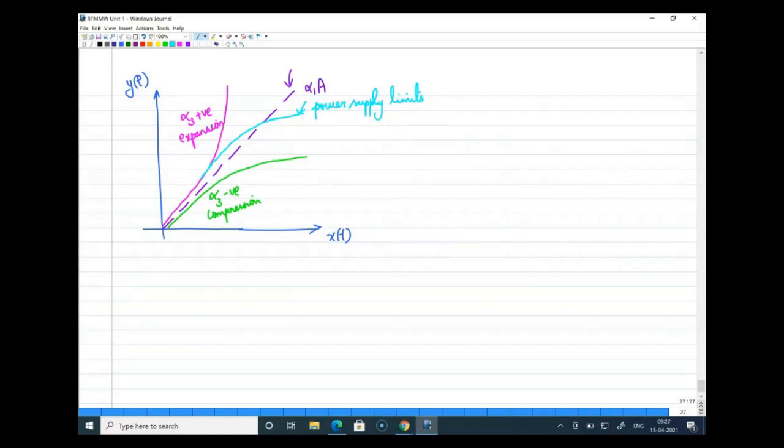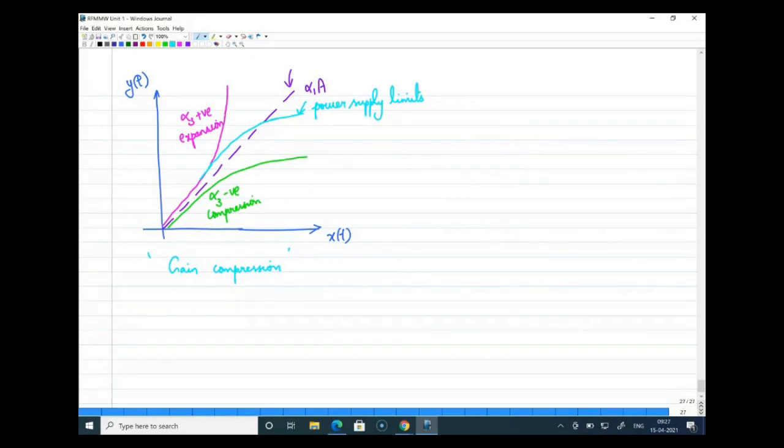Now we have to measure this non-linearity, or understand this compressive nature, and we call this gain compression. As your A increases, RF circuits show a behavior called gain compression, and that is definitely a nonlinear effect, and this nonlinearity should be characterized.